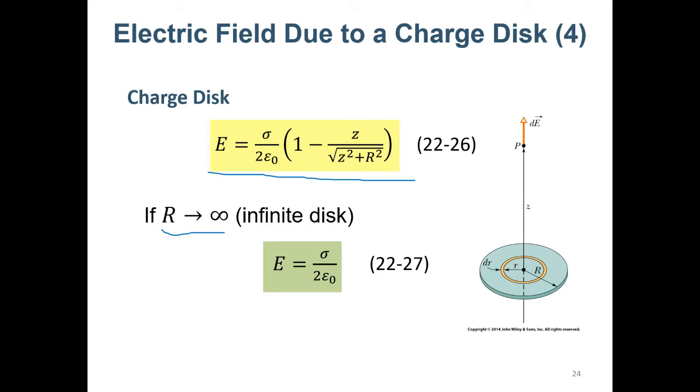If we assume the radius is infinite, which means that the whole plane expands to infinitely far away, then this term will be simplified like this, because r tends to infinity and z is finite, so this term will be 0, this term will be 0, so this whole bracket will be 1, and so it reduces to this case.